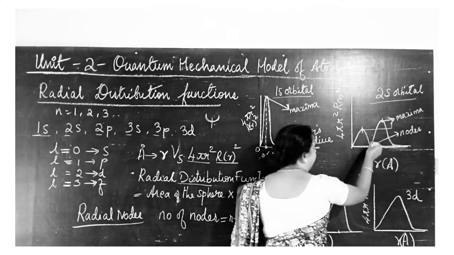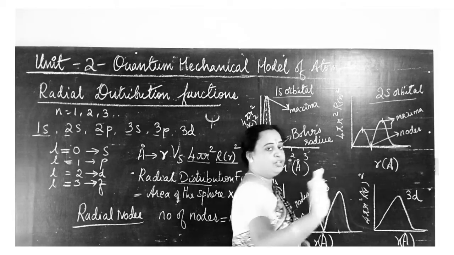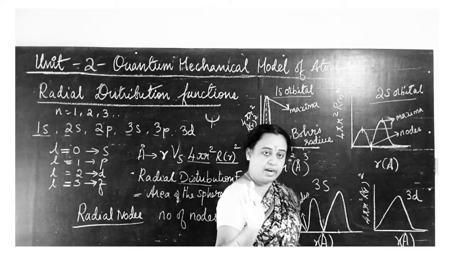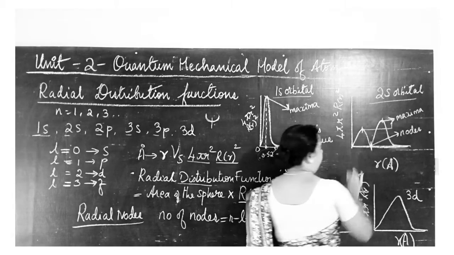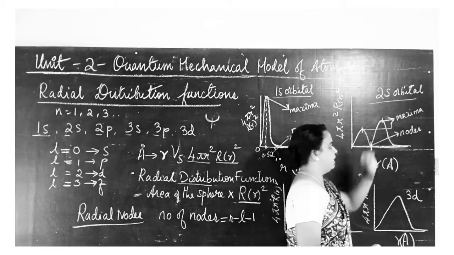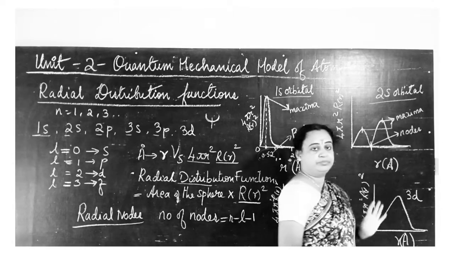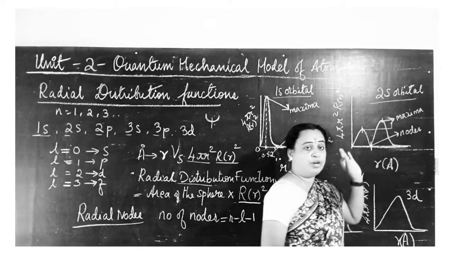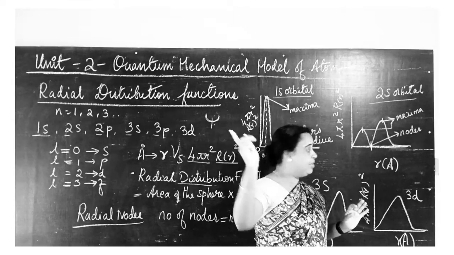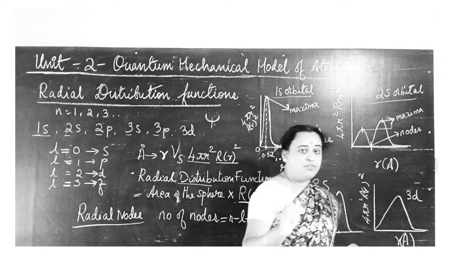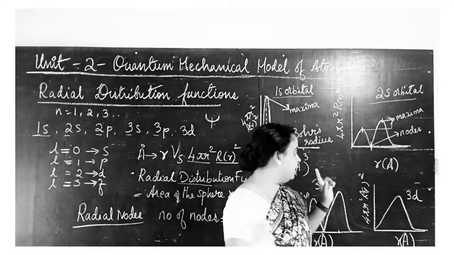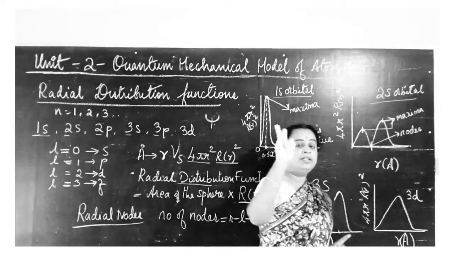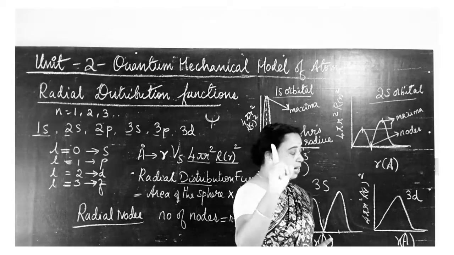At this particular region, there is no probability of finding electrons. So in the case of 2s orbital, there are two maxima and one node. Two maxima means the probability of finding the electron is maximum, whereas at the node, the probability of finding an electron is 0.